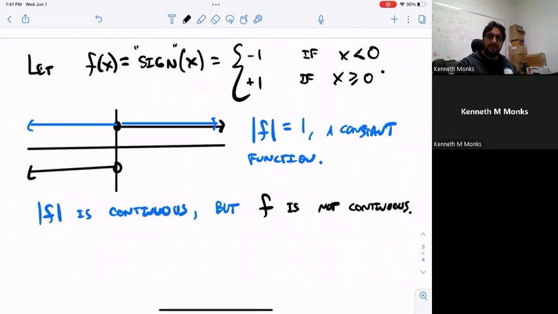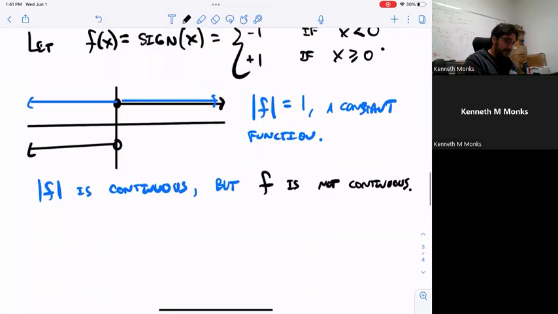Now think about how an implication works. I have a true and a false. True implies false is false. So what could you say?